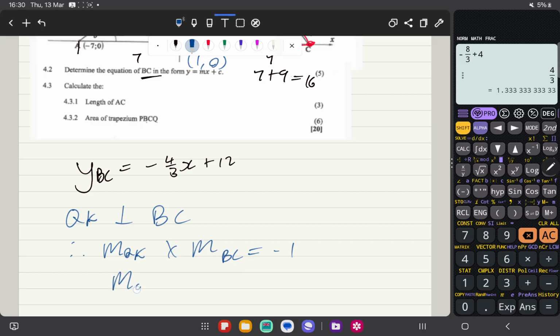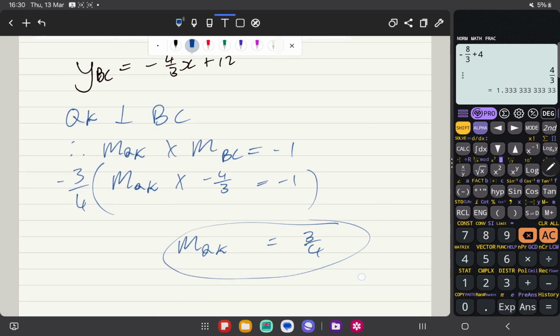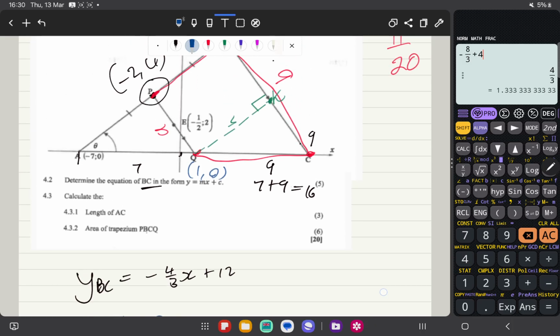So the gradient of QK multiplied by -1/3 is equal to -1. What I can do is multiply everything by -3 over 4. They cancel on that side, and the gradient of QK is positive 3/4.